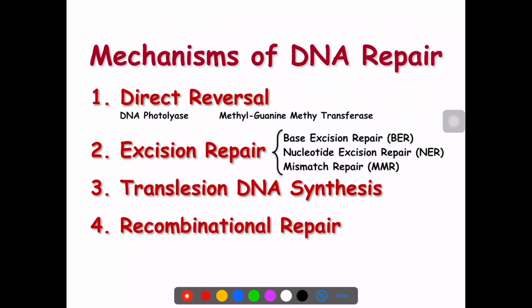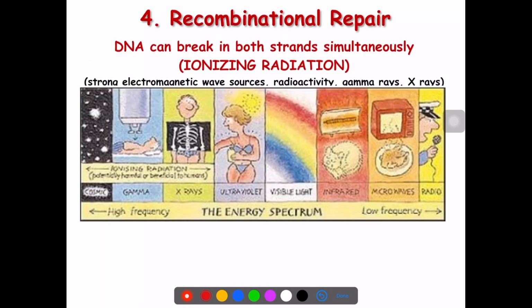And the last mechanism of DNA repair is recombinational repair. And again, this is another topic that I want to touch base, but only very briefly. And the only thing that I want to mention about this is that the type of DNA damage that is repaired by recombinational repair is the type that can have the most damaging consequences for us.